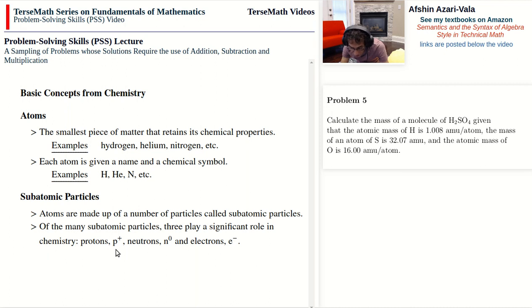The plus signifies that a proton has a positive charge. There are neutrons, and these ones are neutral, of course, they have no electric charge. And we use lowercase n with a 0 on top, and the 0 indicates that there is no charge on a neutron. And electrons, we use lowercase e with a minus sign, and the minus sign indicates that an electron carries a negative charge.